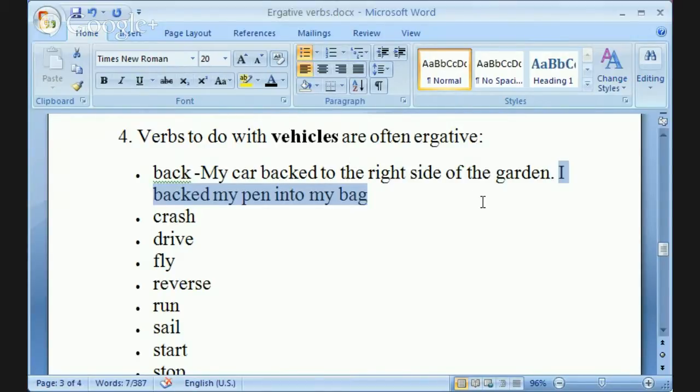You can switch the sentences around, just by taking the object of the transitive sentence and using it as the subject of the intransitive. It's usually the simplest way to deal with it.